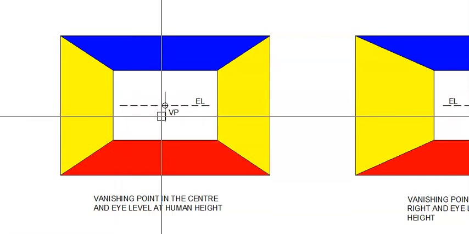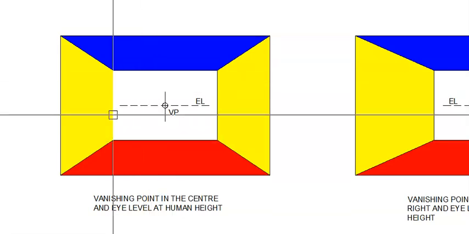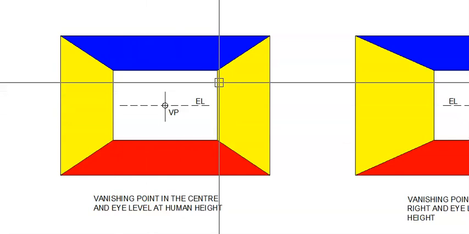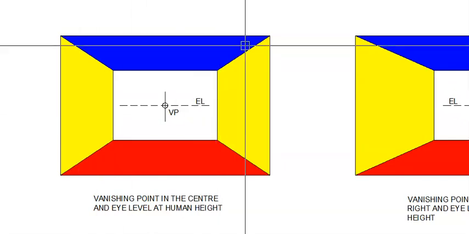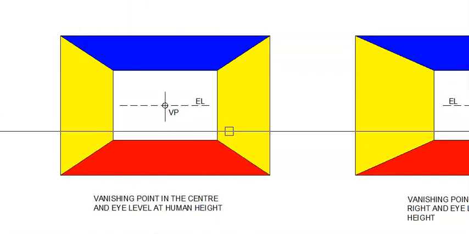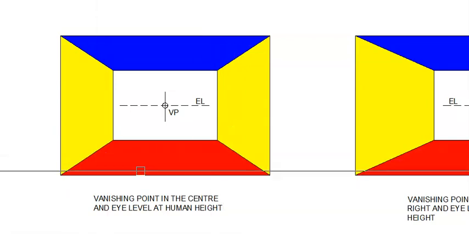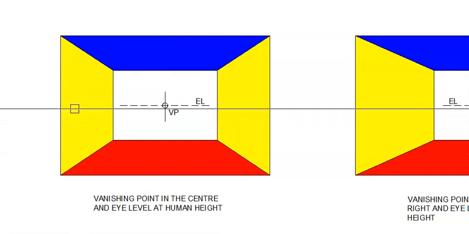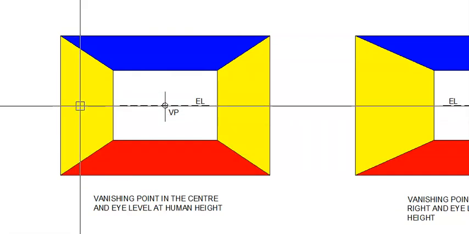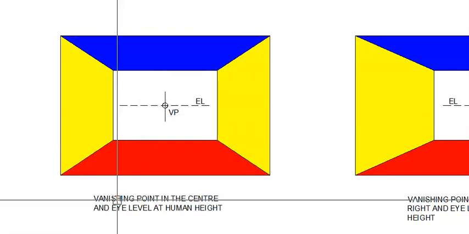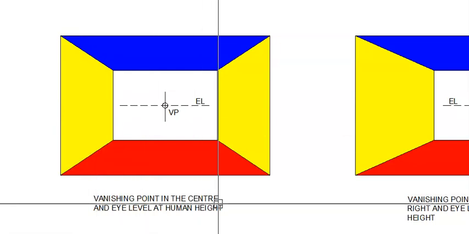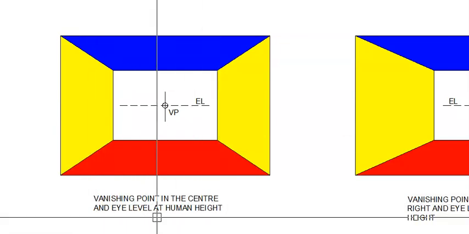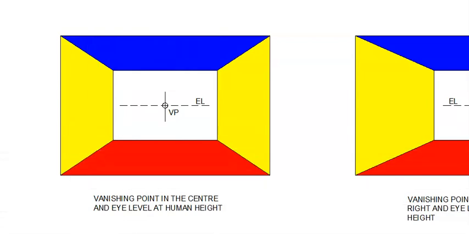So when you are looking at the room, the white colored portion is the rear wall, the blue colored portion is showing you the ceiling of the room, the red colored portion is showing the flooring of the room, and the yellow colored portions are the side walls of the room. So this is a case where the vanishing point is in the center and the eye level is at human height.